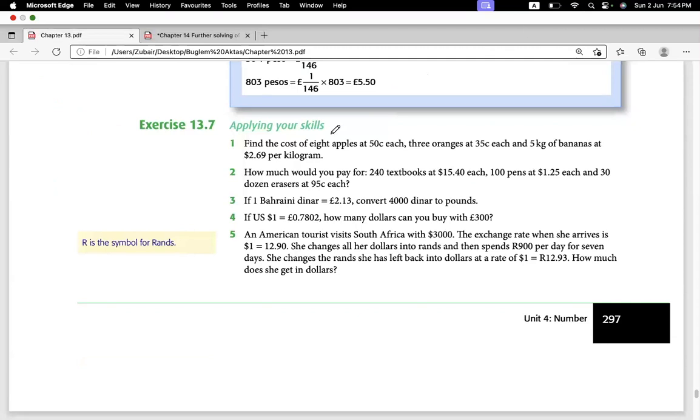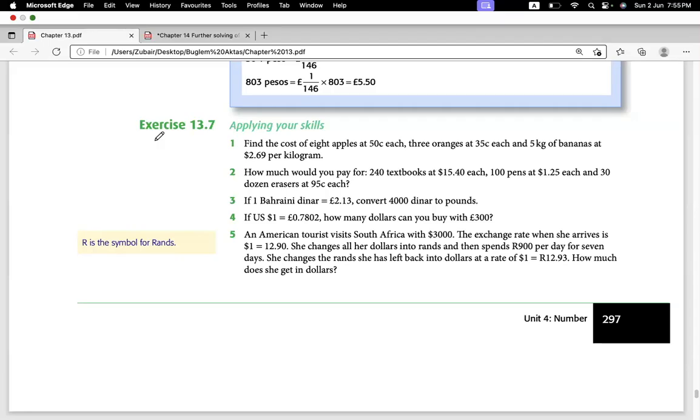Try question number 1. Find the cost of 8 apples at 50 cents each, 3 oranges at 35 cents each, and 5 kg of banana at a dollar. Okay, this is not conversion. This is a simple question. Still, can you do that? Do you have your calculator?